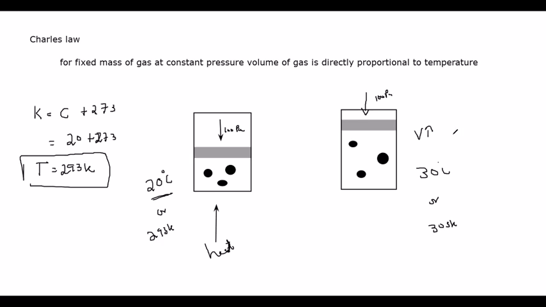So you can see here, increasing the temperature is increasing the volume of a gas. The second one will have a higher volume, and that is the Charles law. Charles law states if you increase the temperature, the volume of the gas will also increase. Is it clear? The concept of Charles law. So volume and temperature are directly proportional to each other.